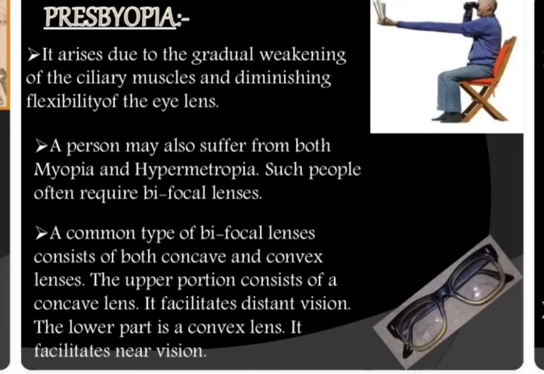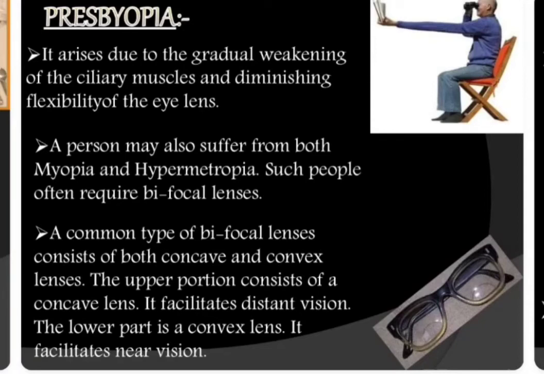See what a bifocal lens is. Normally we have one kind of lens, one kind of power throughout, but some people have two powers in the lens, with a separation in the glass.